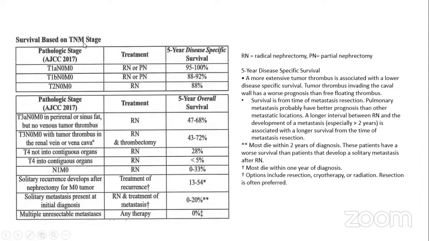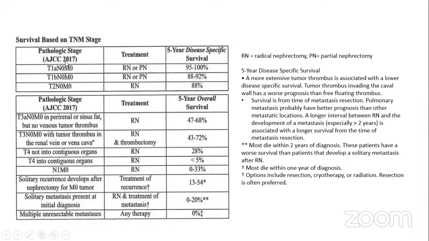This is survival based on TNM stage. T1A survival rate is 90 to 100%. T1B survival rate 88 to 92%, and survival rate for T2 without lymph nodes is 88%.